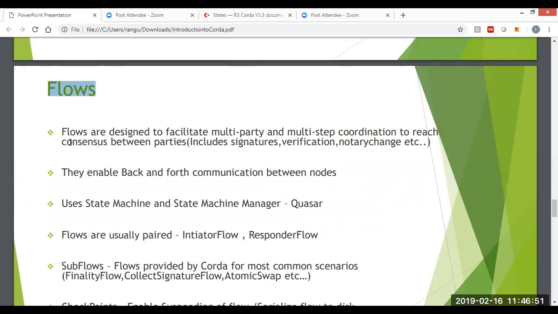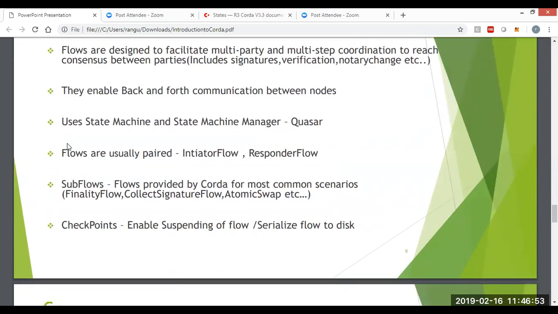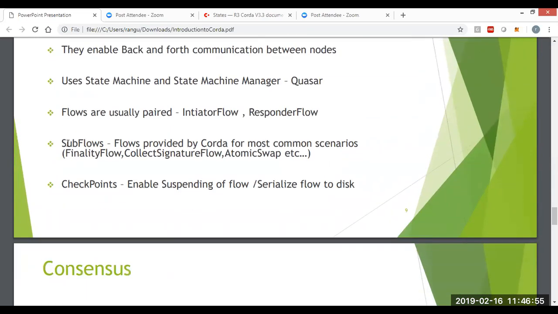So what flows are: assume a scenario with two parties, A and B. Party A wants to send a document to party B, and wants to wait until party B signs it and gets back to him, and then he considers that transaction to be valid.